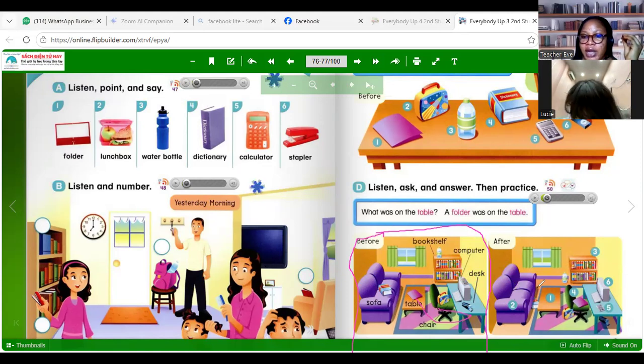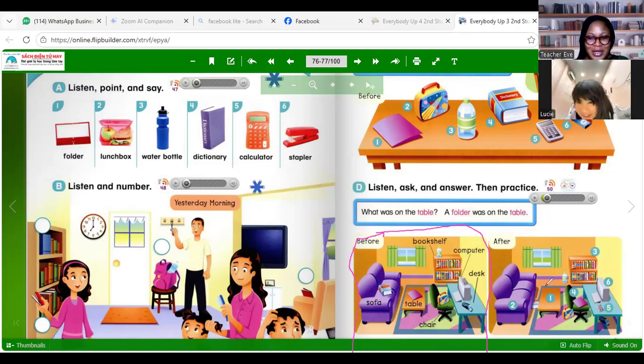So now, question one, what was on the table? What was on the table? Is has on the table.